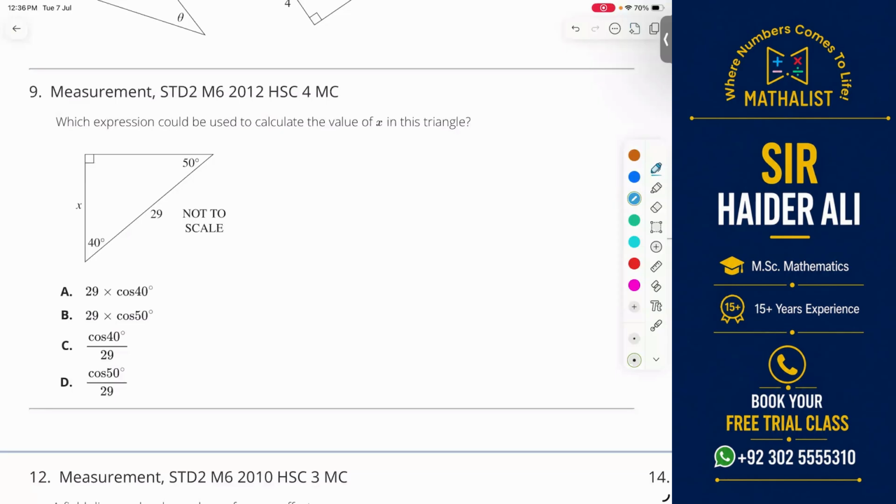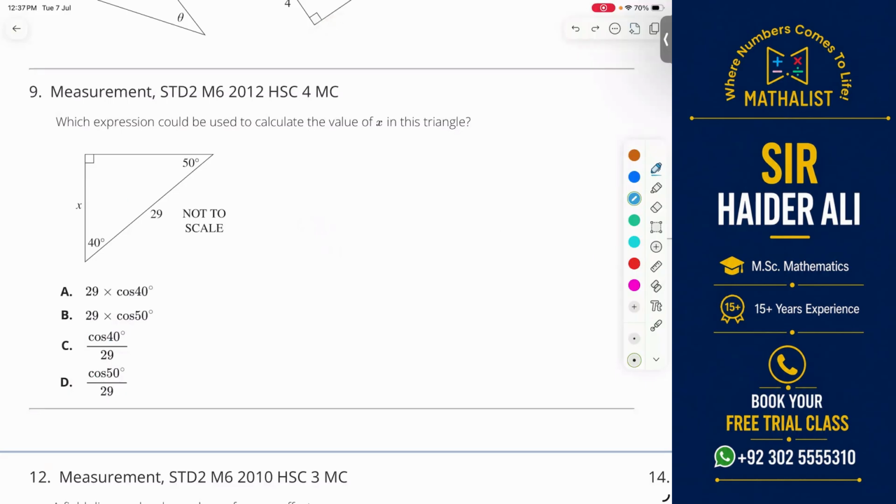But could you explain this one? Which expression could be used to calculate the value of x in the triangle? So now it will be cos 40. Actually, here there is no need to look at all the options, all have cos, right?